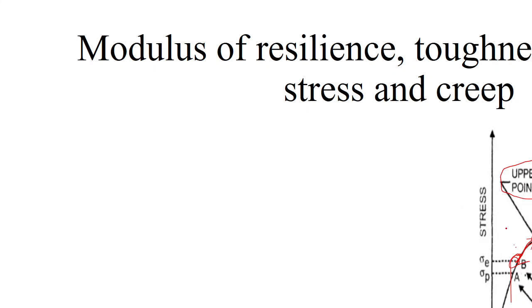So coming to modulus of resilience. Resilience is nothing but the amount of strain energy absorbed by the material within the elastic limit. That is termed as the modulus of resilience. As I told you already, the elastic limit and the upper yield point are very close to each other.